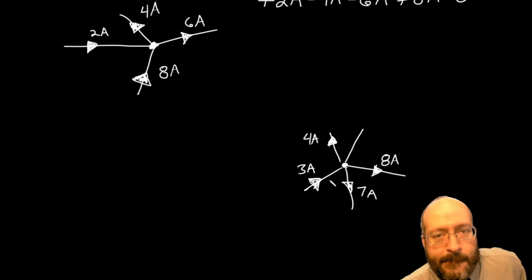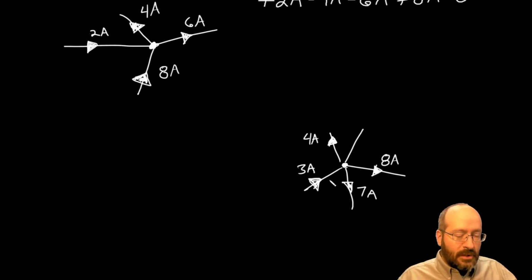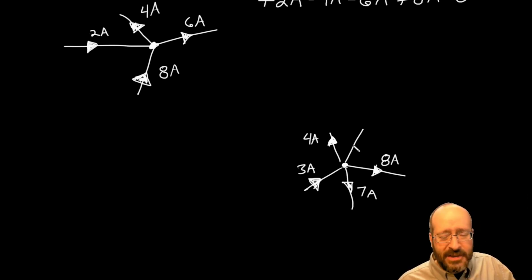Now, all of the current going in has to come out. And because of that, we've got to pick a direction. It almost doesn't matter which direction you pick. And let's assume out. Here, I'll mark this up with a different color. Okay, so let's assume it's going out. And let's just call it I.